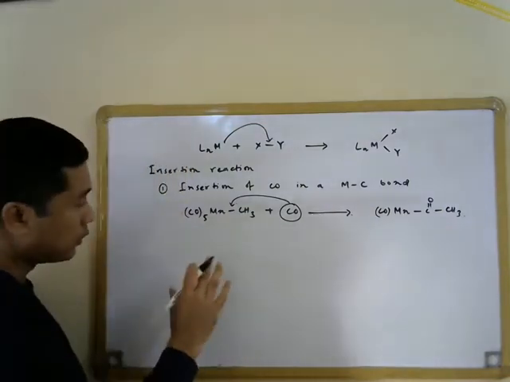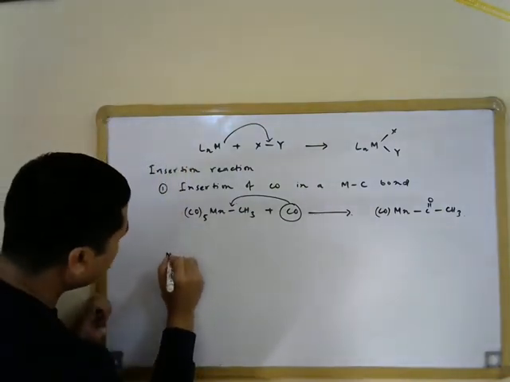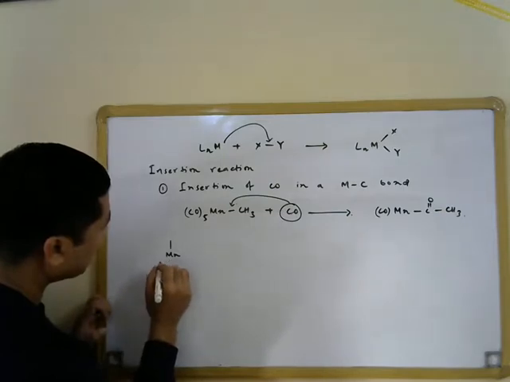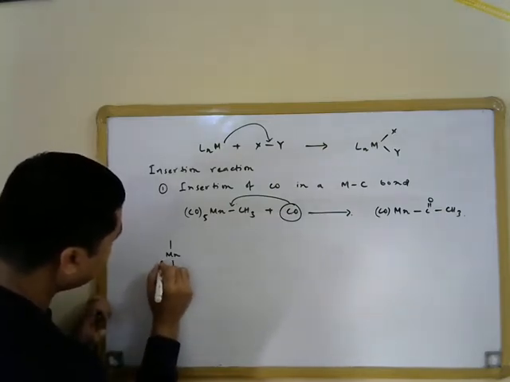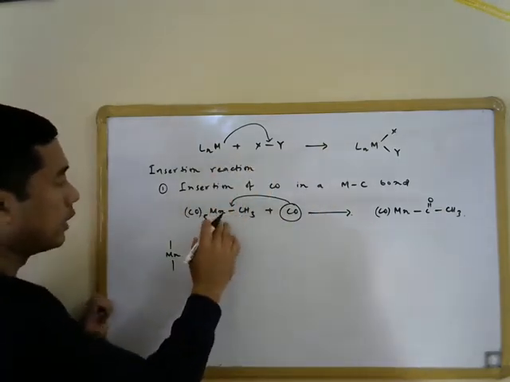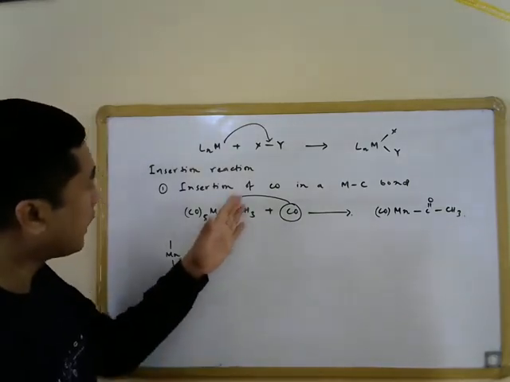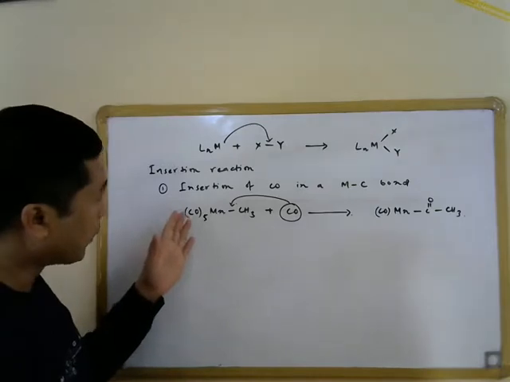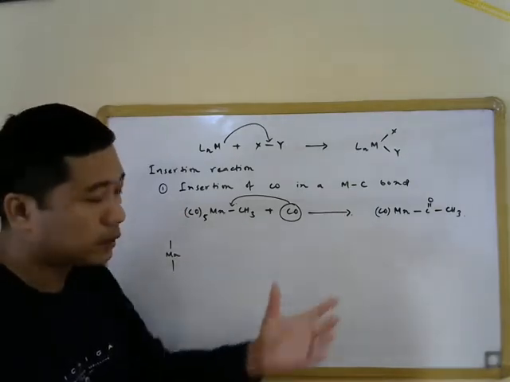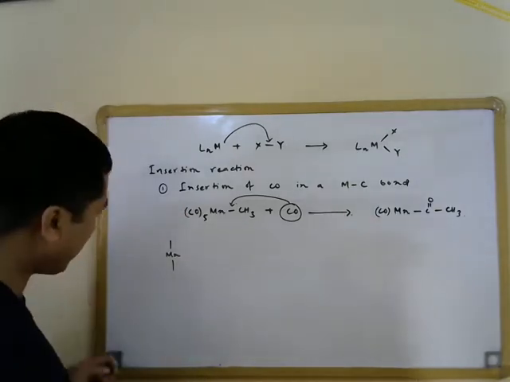So we will look at both of these possibilities: insertion of carbon monoxide into this metal carbon bond, as well as how the methyl group migrates to one of the carbonyl ligands to give us this product. Both of these two mechanisms we will look at.